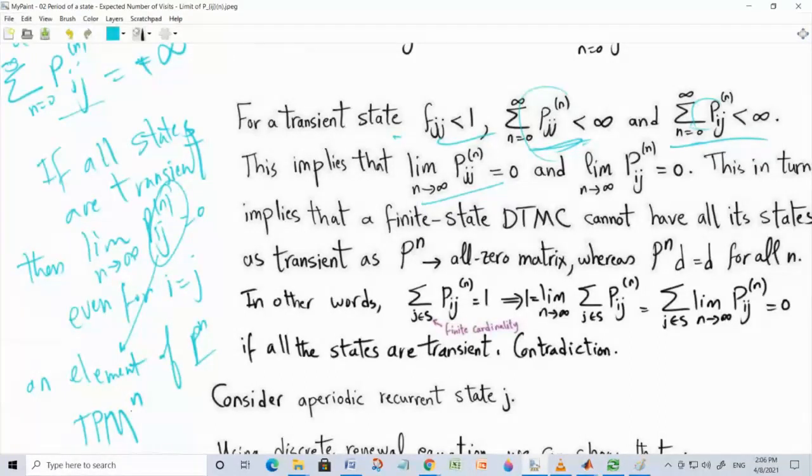All of them must decay to 0. All of them must tend to 0 as n goes to infinity. But this is problematic because a transition probability matrix raised to any power is a Markov matrix or a stochastic matrix in which the sum of each row is equal to 1. So there is a contradiction here.